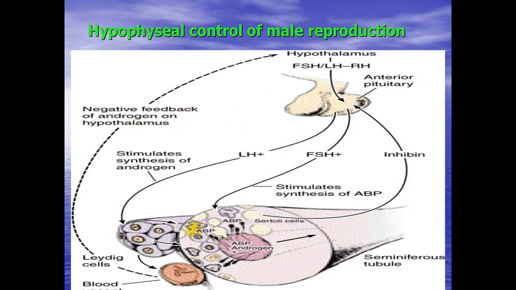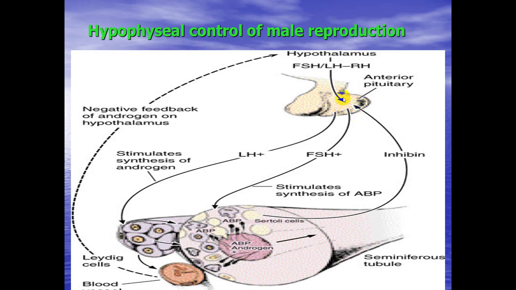This scheme shows you my story. You see the hypothalamus, which produces gonadotroph stimulating factors, releasing factor, which influences the target cells, the gonadotroph cells of the anterior hypophysis.